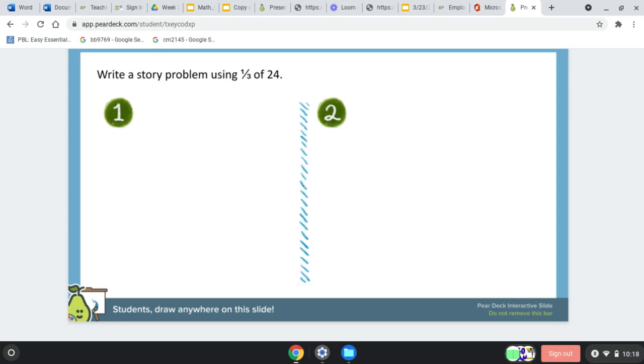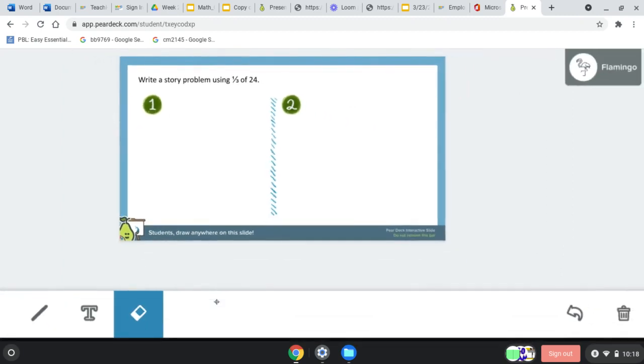How much is 1/3 of that whole? So I have to, and you have to, create a story word problem that is going to match the information here.